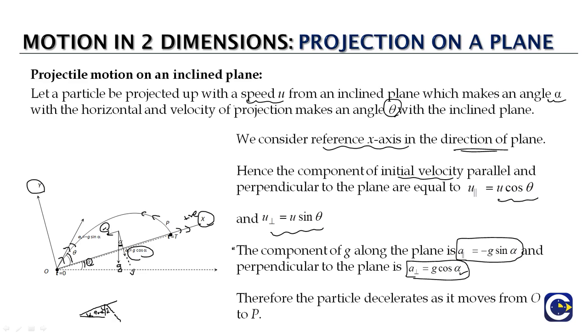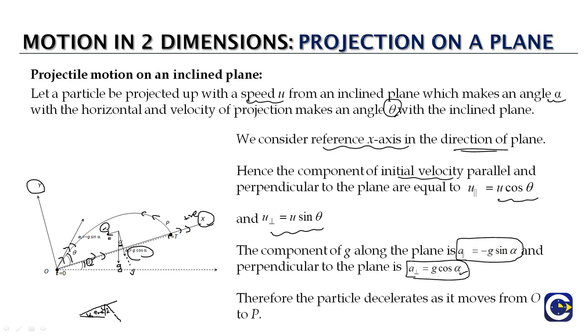So if we are going to use the equations of motion along the plane and perpendicular to the plane, then while substituting the value of the acceleration, we will take it as minus g sin alpha, since it is in the opposite direction to the initial velocity. The initial velocity is u cos theta, which is parallel, in this direction.